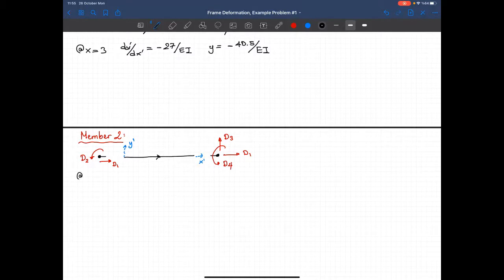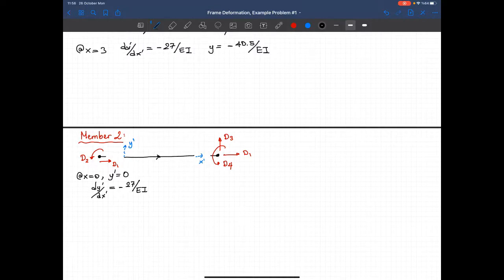Now let's write the boundary conditions. So at x is equal to 0, no vertical translation, we have an axially rigid column, and the rotation, we already calculated it, it's equal to D2, and the magnitude of the rotation is 27 divided by EI.